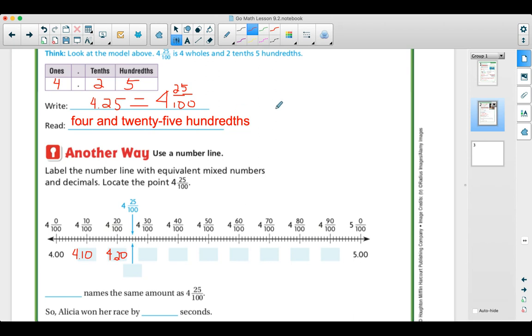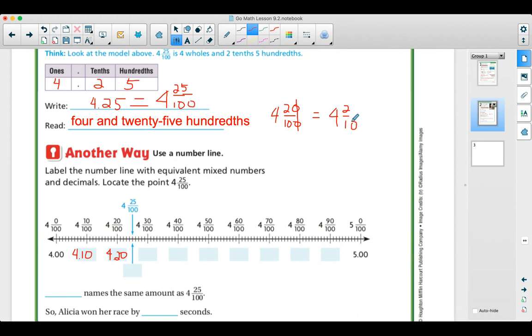Now let's look at this. 4 and 20/100ths is equivalent to 4, if we take both these zeros away, and 2/10ths.